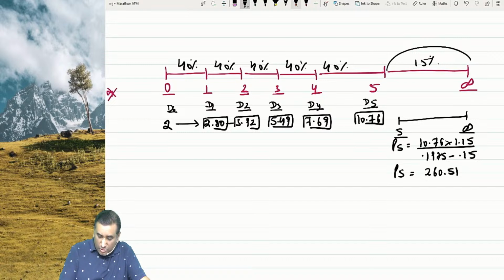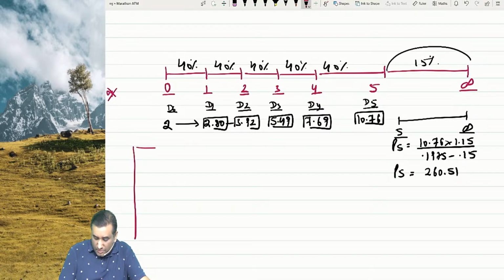And please do not include the D0 value. We never include the D0 value. Bring it back to what period?